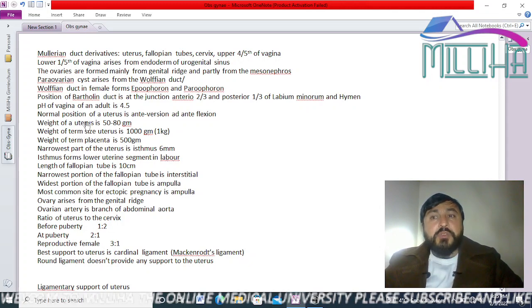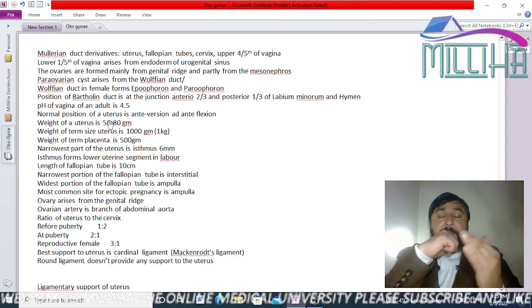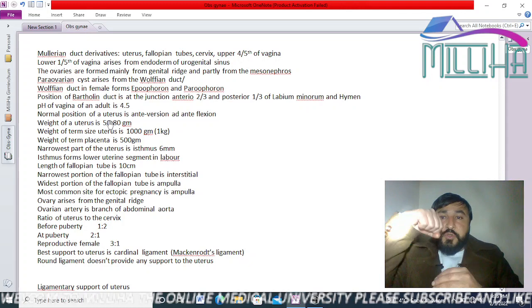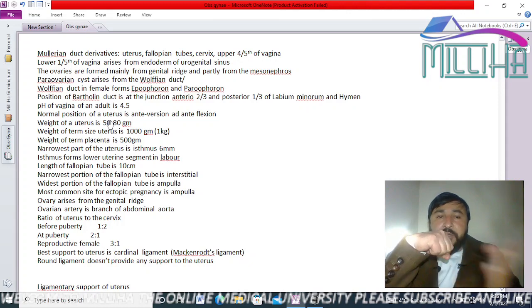So normal position of a uterus is anteversion and anteflexion. What is anteversion? Suppose this is the anterior, this is posterior. So anteversion means like this, the uterus is in this position. Ante means forward.